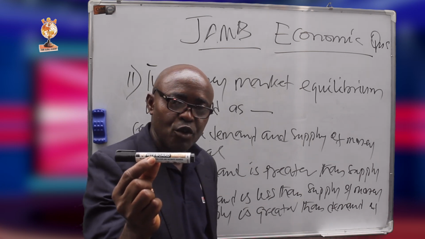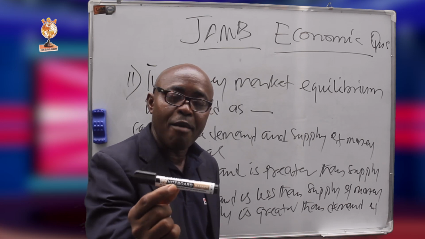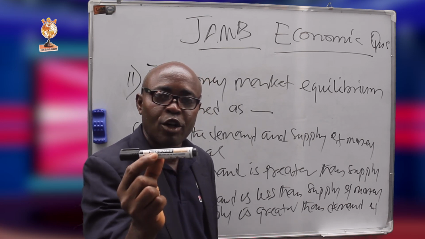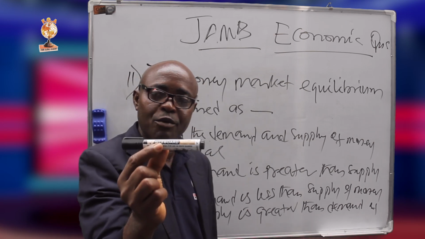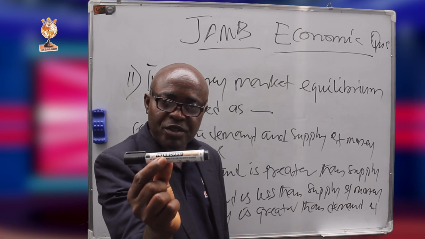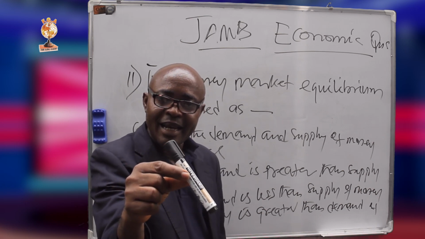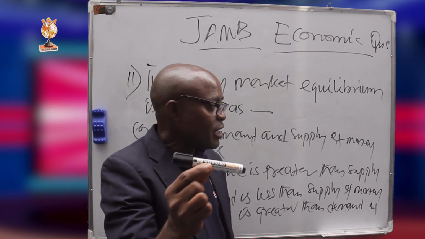Even in physics, you hear that the total clockwise moment must be equal to the total anti-clockwise moment. So in economics, you have what is referred to as equilibrium. Each time the demand and the supply are at this point, it is not dangling to this side or that side. This is the point referred to as equilibrium.